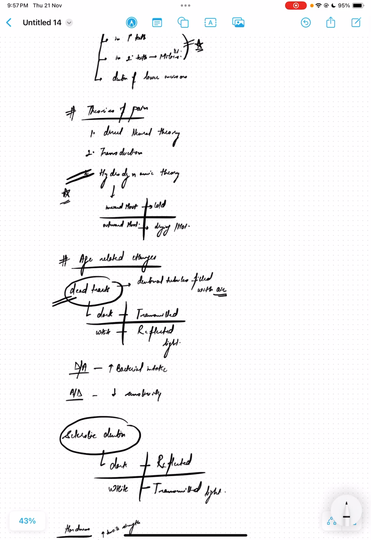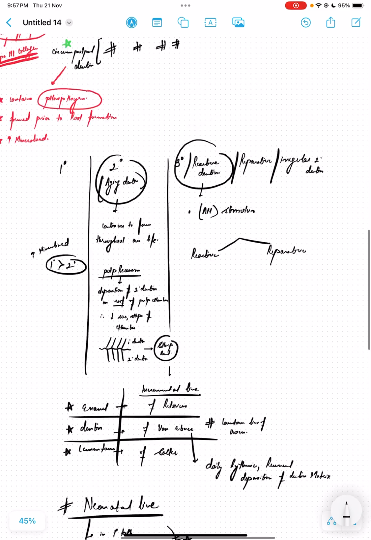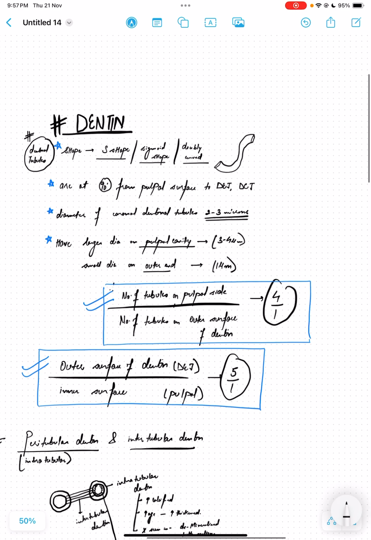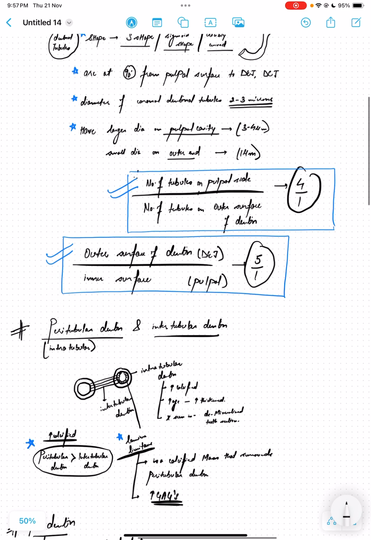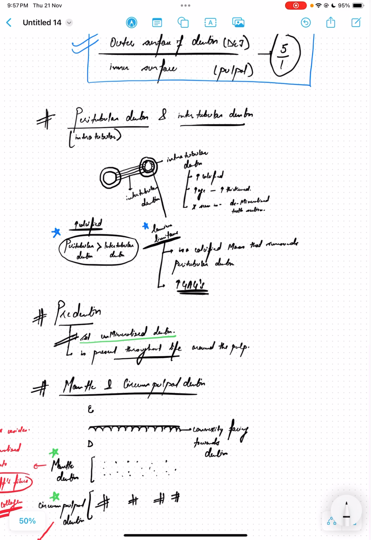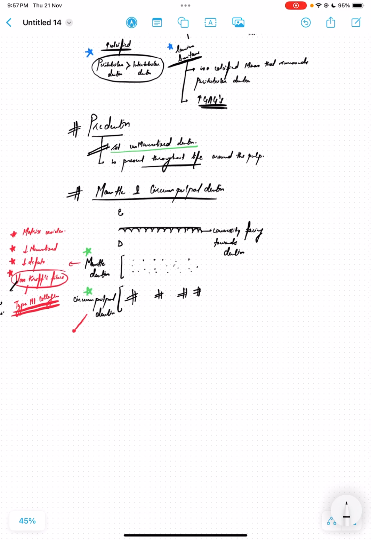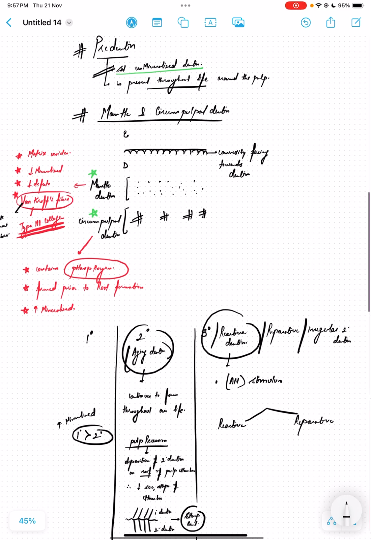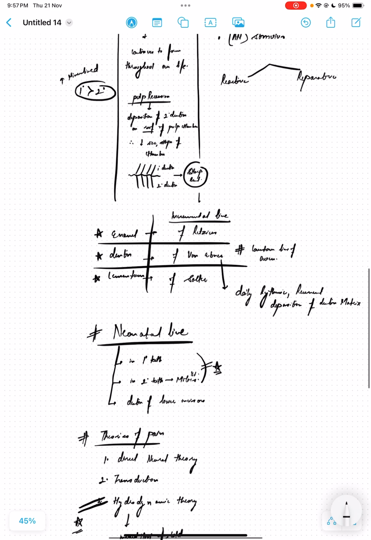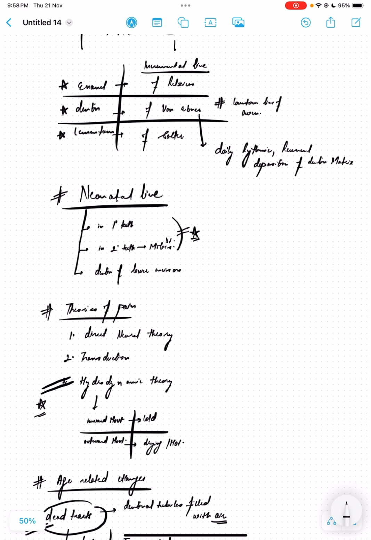So in today's lecture we have studied dentinal tubules, peritubular and intertubular dentine, what predentine is, mantle dentine, circumpulpal dentine, primary, secondary and tertiary dentine, and the incremental lines involved in enamel, cementum as well as dentine. Where are neonatal lines found?